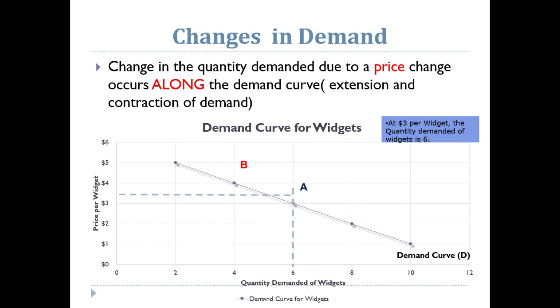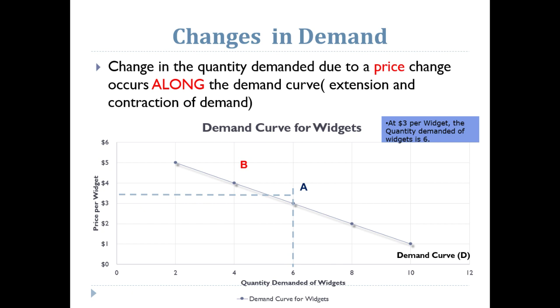Due to an increase in the price, quantity demanded reduced. That is known as contraction of demand. And just the opposite, extension of demand, means when the price of a product reduces in the market, quantity demanded will increase. So that is a what? Downward movement on the demand curve, from point A to the next point.